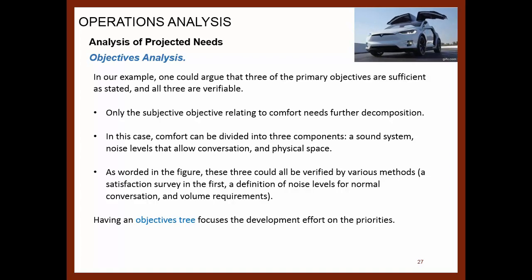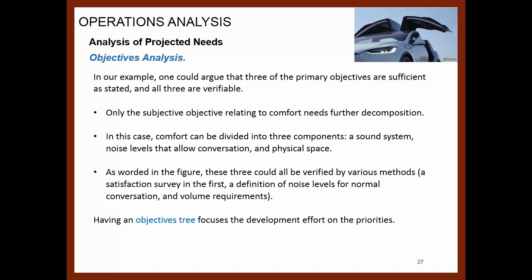So in our example, we can argue that 3 of the primary objectives are sufficient as stated, and all 3 are verifiable. Only one of them is subjective, related to the comfort needs, and needs further decomposition. In this case, comfort can be divided into 3 components: sound system, noise level, and physical space.